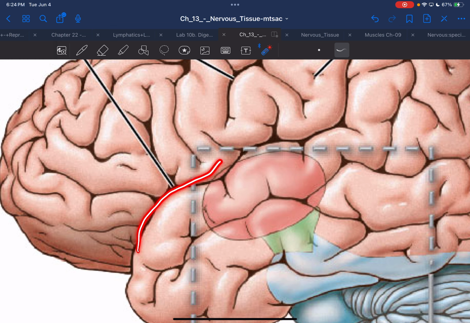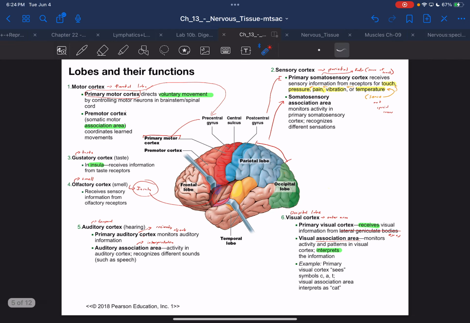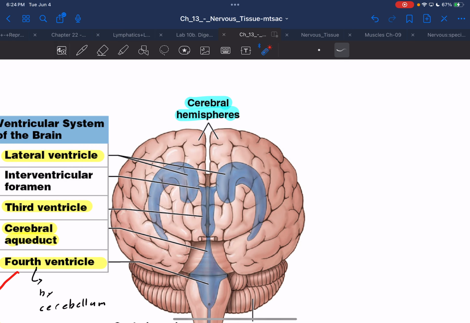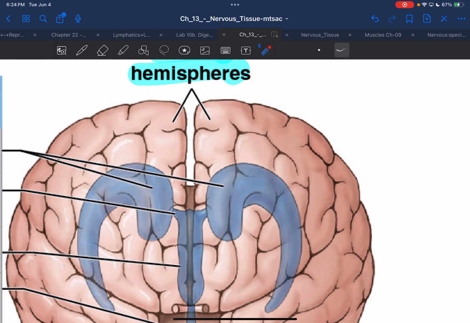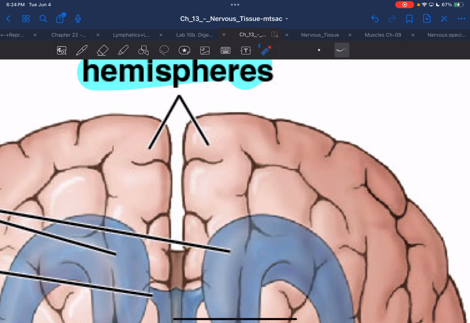Another more apparent example: if you look at the brain, it has 2 halves, 2 hemispheres. And these 2 hemispheres have a longitudinal fissure that separates them here. So that's the difference. A sulcus is a small groove. It ends right there. And a fissure is a very deep groove. That's the difference between sulcus and fissure.